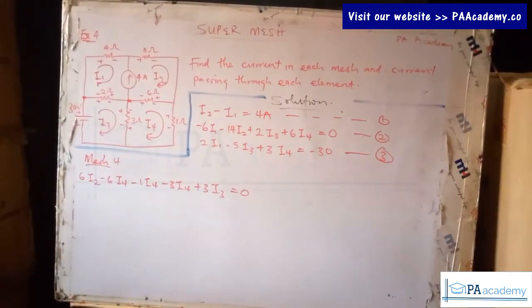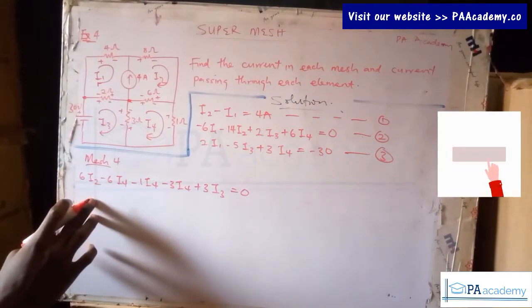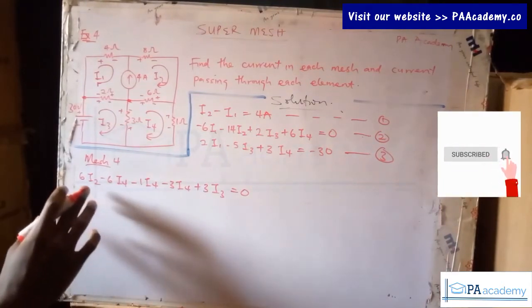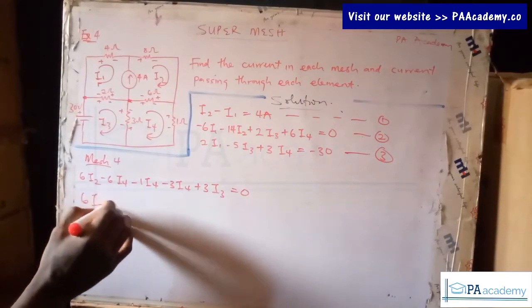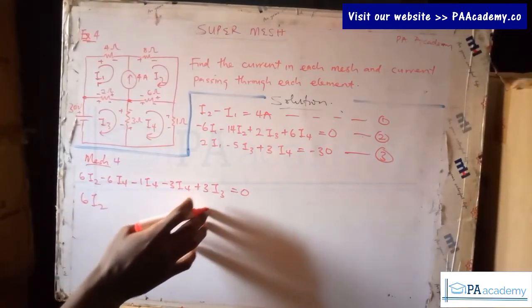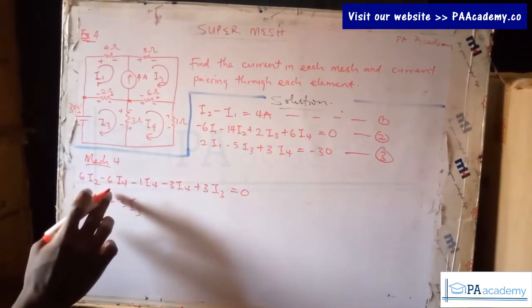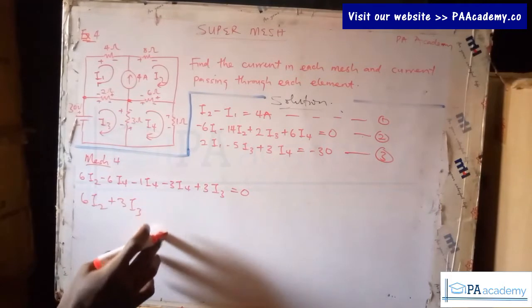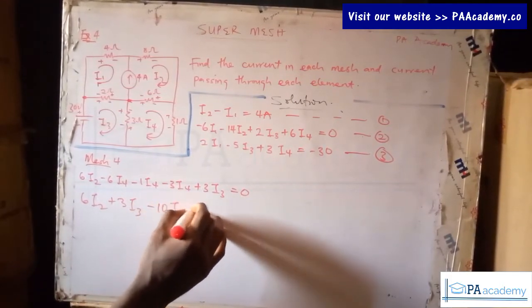So let's rearrange this. We have I2. There's no I1 here. That's only I2, so we have 6 I2. We have only one I3, that's plus 3 I3. And then I4, we have -6, -1, and -3, so that's -10 I4 equals to 0.